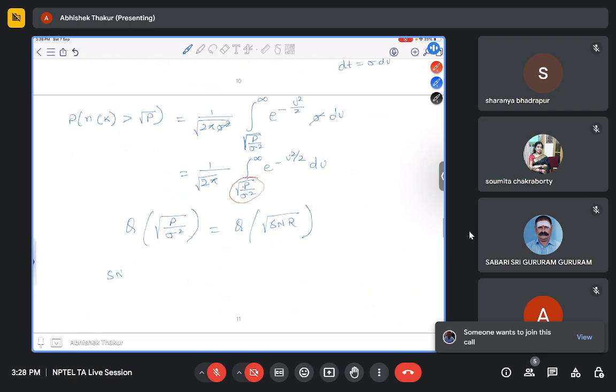Here SNR is equal to p by sigma square, and also sometimes SNR is given in dB, so when it is in dB we have to convert into the normal value, so SNR in dB is equal to 10 log 10 p by sigma square.